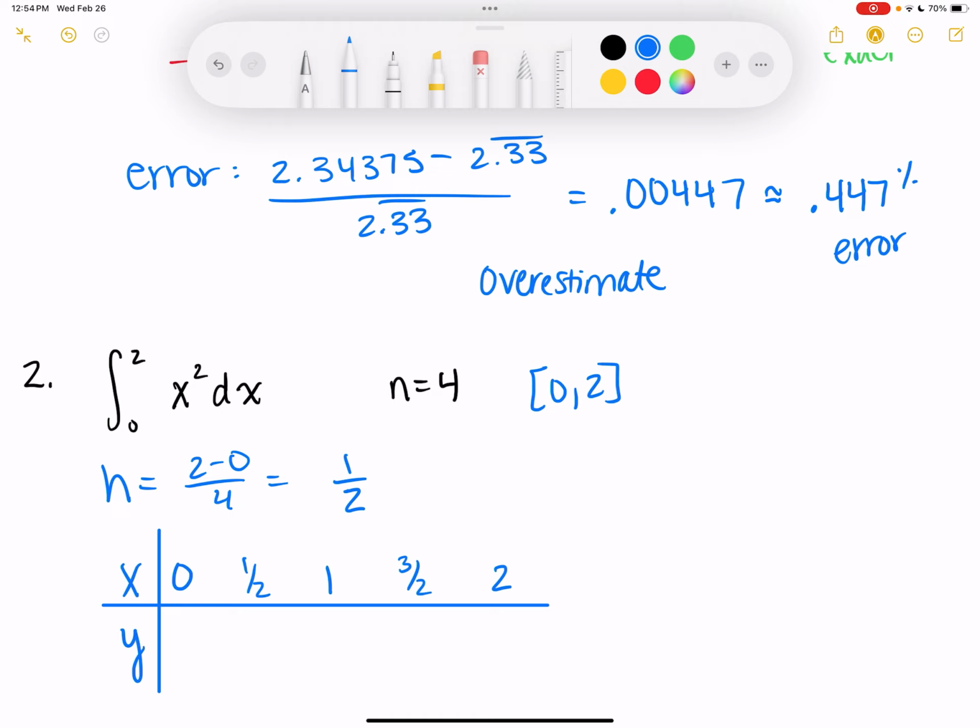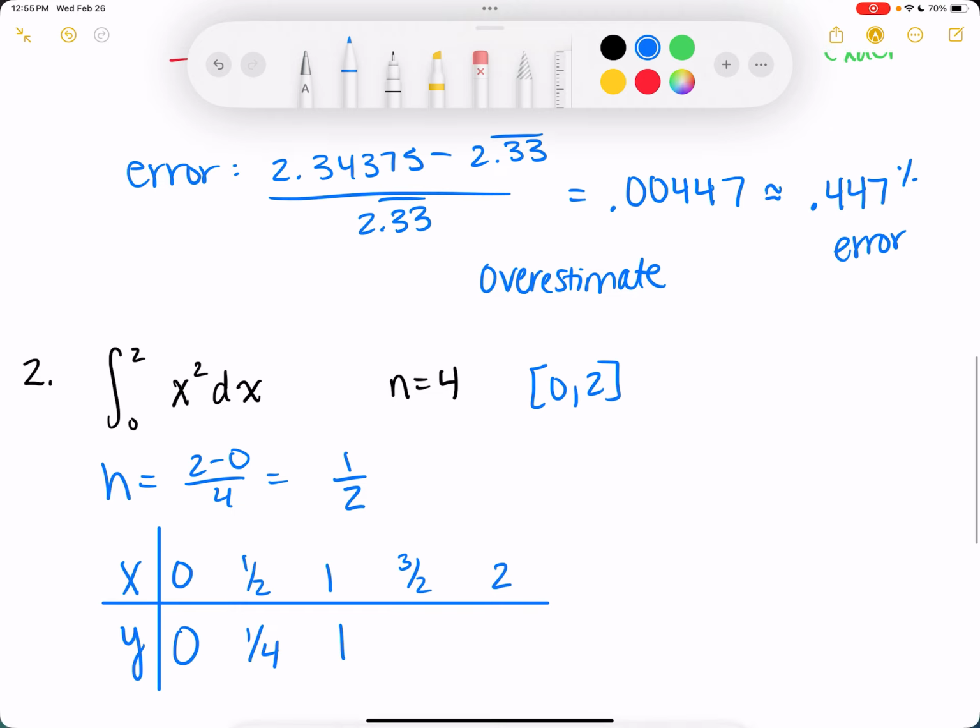I was going to say something completely random just to throw you guys off. All right, what about 1/2 squared? 1/4, 1 squared, 1, 3/2 squared, 9/4, 2 squared, 4. 16/4. Okay, Josh, don't be extra. I'm always extra, you know this.